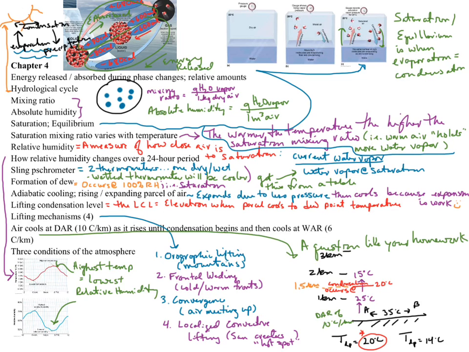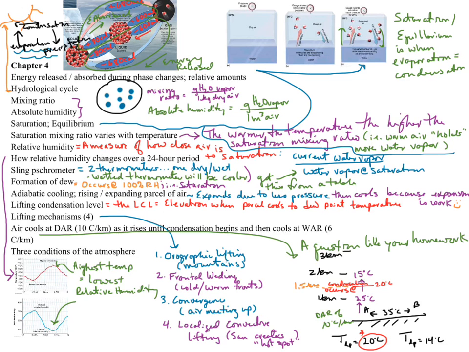So I went ahead and mapped out A here. Notice that for the first kilometer, it's going to cool from 35 to 25. It cools at the dry adiabatic rate of 10 degrees Celsius per kilometer. If we go to 2 kilometers, still cooling at the dry adiabatic rate of 10, it would go from 25 degrees Celsius to 15 degrees Celsius.